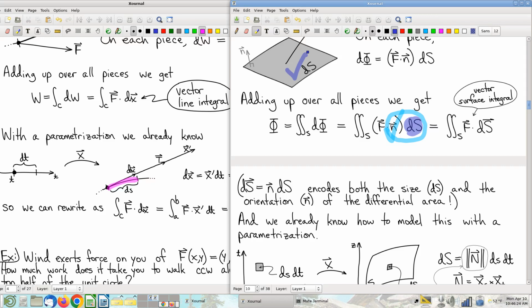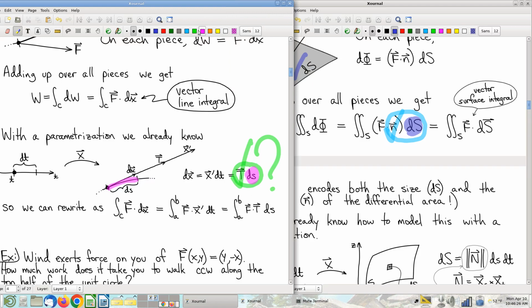So what we have over here, this T dS thing, that was part of that notation for our integral, very naturally rewritten as a dx vector because, well, in a couple of different ways you can think about it, but the way I want to push on this right now is that T dS tells you the direction and the size of the piece of curve that you're interested in.